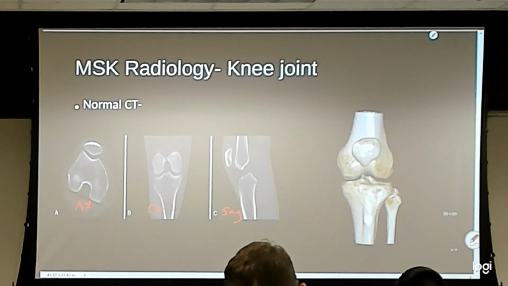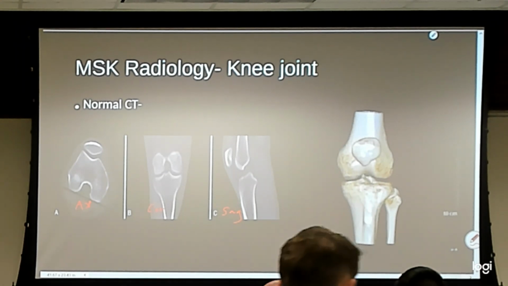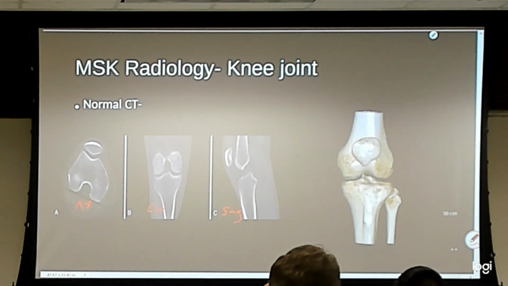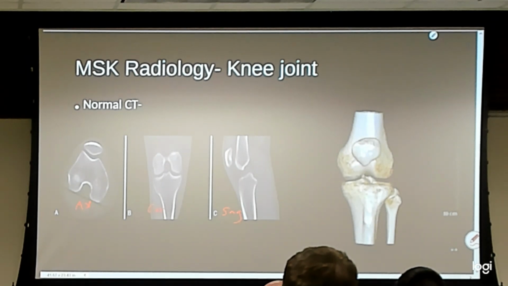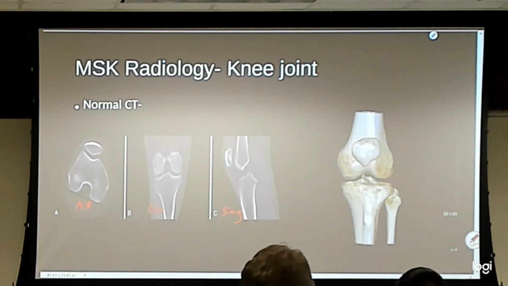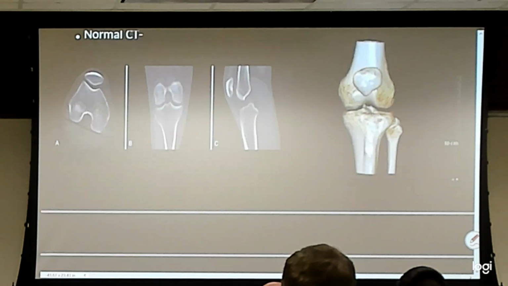The cool thing about CTs now is that they do 3D reconstructions. Those can help a lot with understanding where fracture fragments are, not so much alignment. So if we're worried about 3D alignment, we have to do different kinds of studies, which are some of the newer modalities. So they're basically hip to ankles so that you get the whole hip and the ankle, and that helps us understand the entire leg in terms of some deformities that may be occurring.